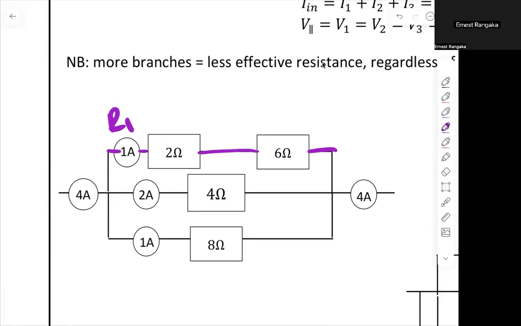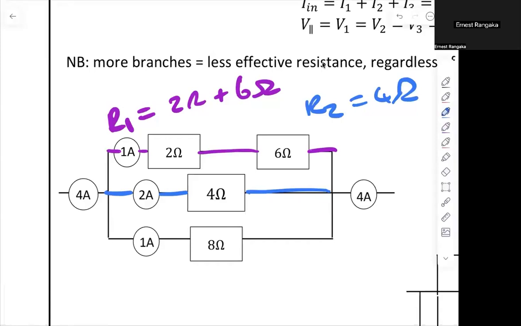So there, branch 1 is going to be 2 ohms plus 6 ohms. Then maybe I've got branch 2. So then R2 is going to be 4 ohms. Then finally, I might have branch 3 here. And in this case, R3 is going to simply be 8 ohms, right? And then we look at the branches that way.